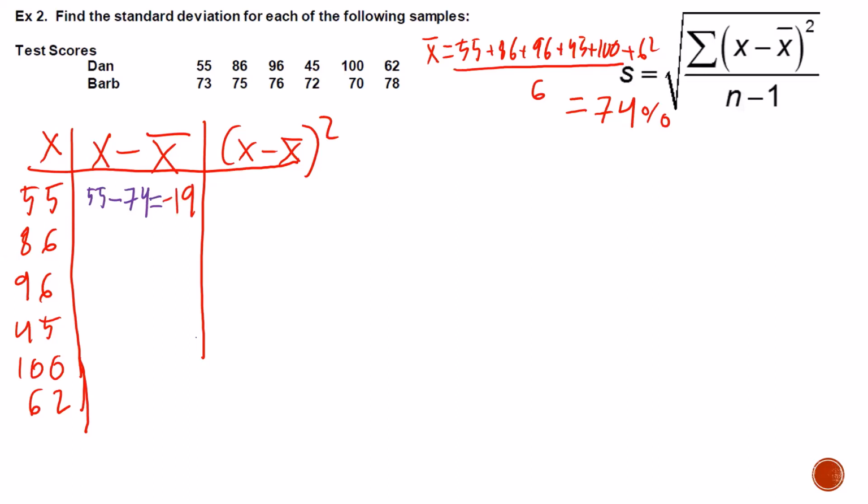Then to get the second one, I'm not going to write this out each time. I'm just being really clear about how I'm doing it. Then 361, negative 19 times negative 19, because remember, of course, when you do it, the squares will always become positive.